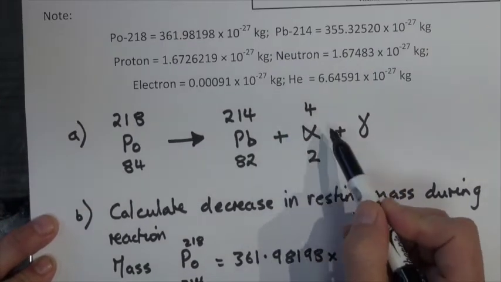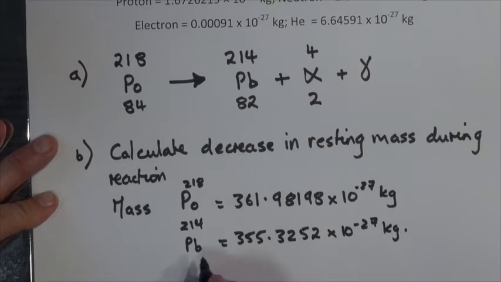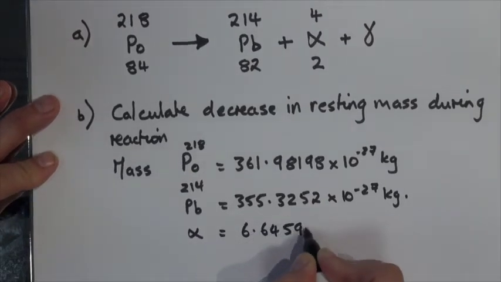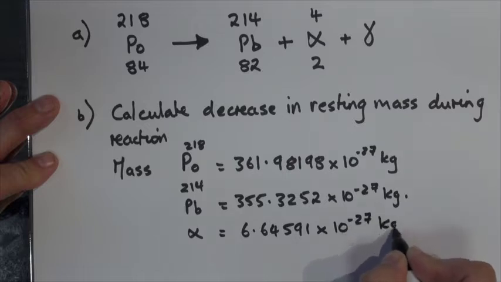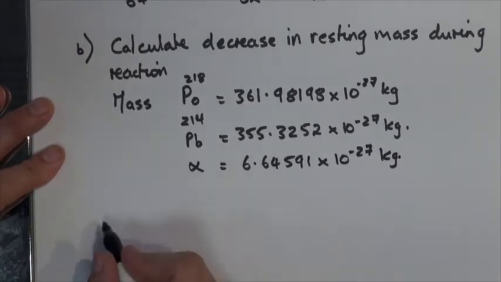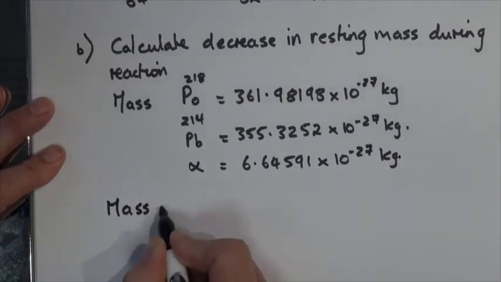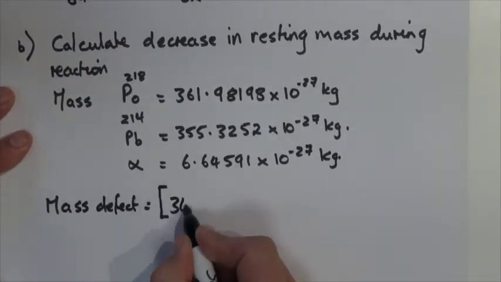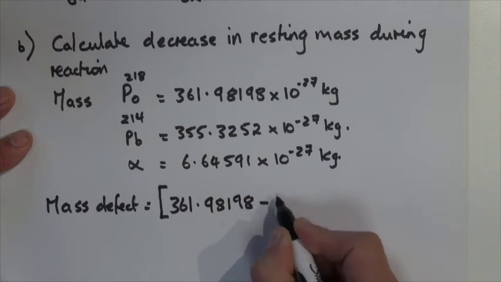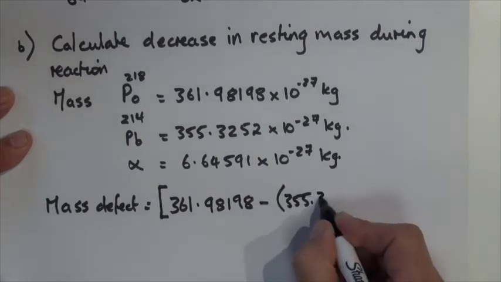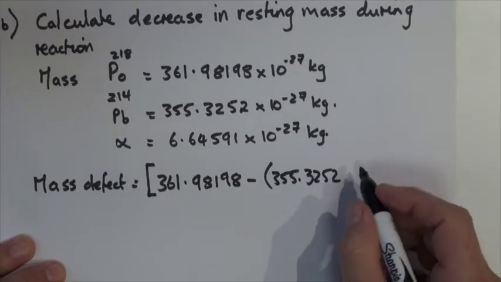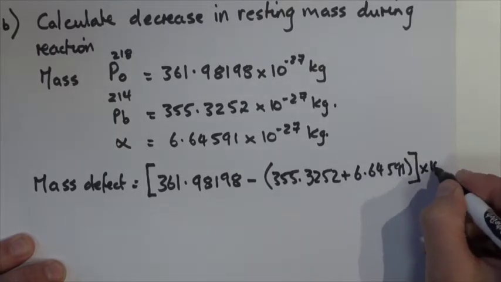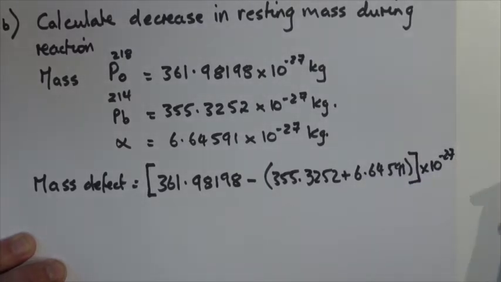And the alpha particle coming off, which is a helium nucleus, has a mass of 6.64591 times 10 to the negative 27 kilograms. Now I'm going to work out the mass defect between these particles. I write down my polonium mass, 361.98198, and take away the mass of the lead plus the alpha particle, and you'll notice I've taken out a factor of 10 to the negative 27 to make it easier.